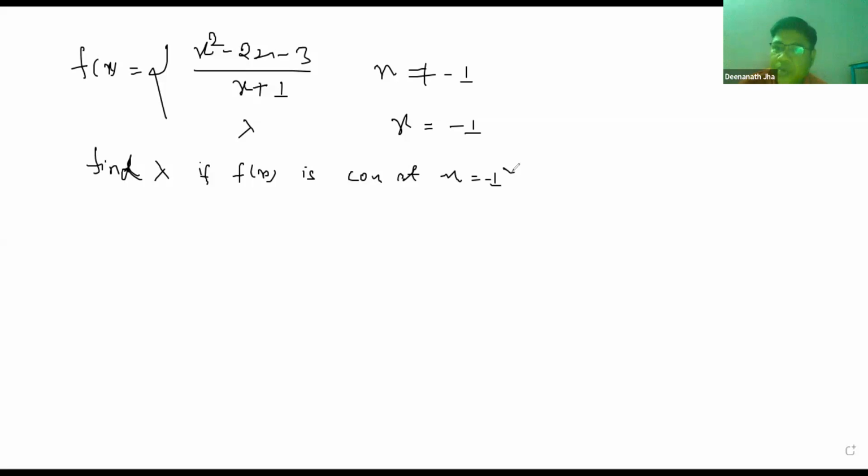You have to calculate simply by the limit method. What is the value of lambda so that f(x) is continuous at x is equal to minus 1?